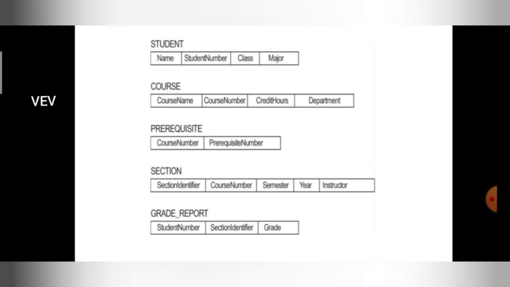See, student contains a name, student number, class, major. That is only text, only a description. But here the text format is converted into a diagram, so I can call it a schema diagram. Hope you are understanding, guys.